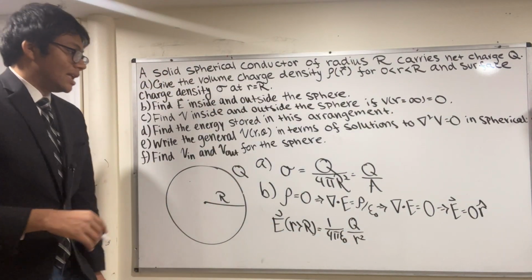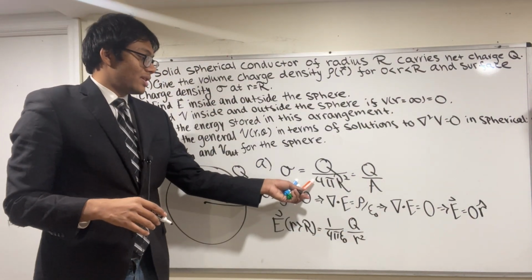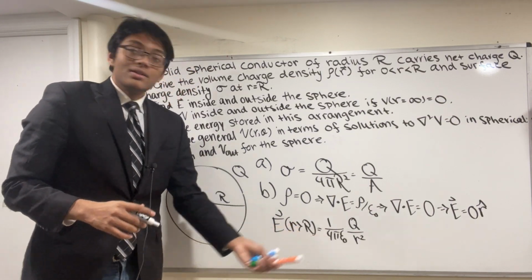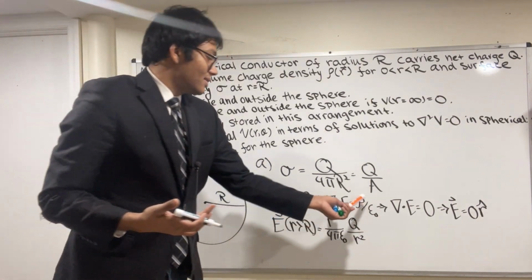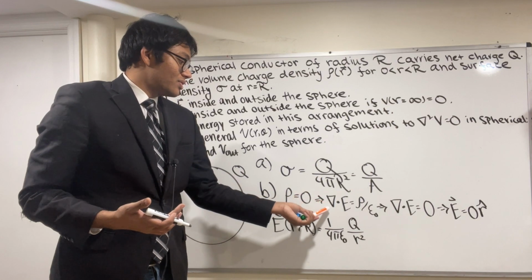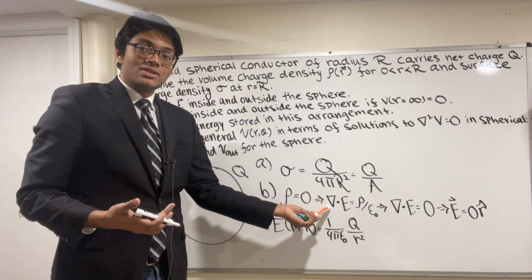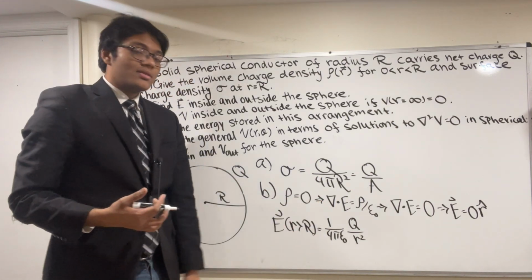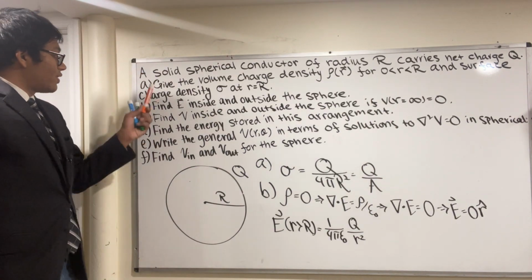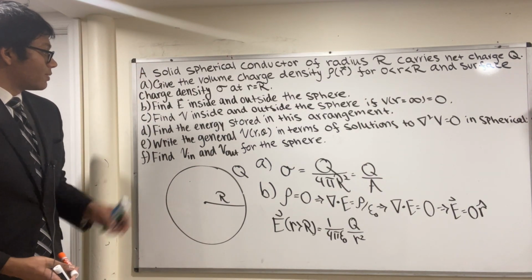There you go. And if you think that there's a reason why this and this look awfully similar, well, it's because it is, right? This is almost like the divergence of the electric field, and from there you can arrive at this. So we have answered parts 1 and 2.